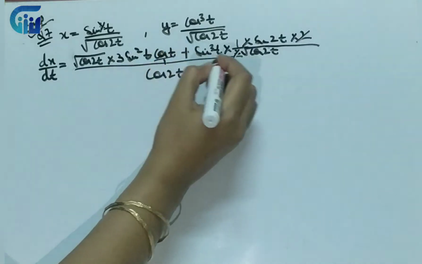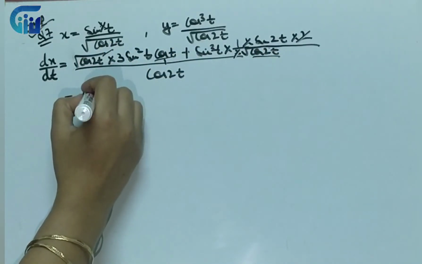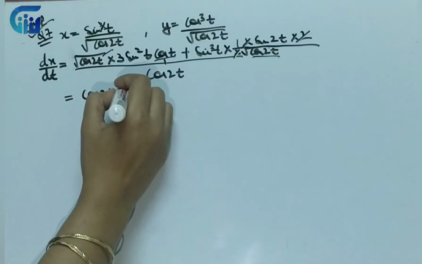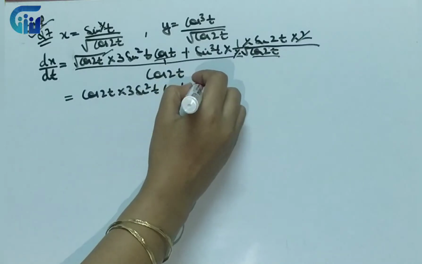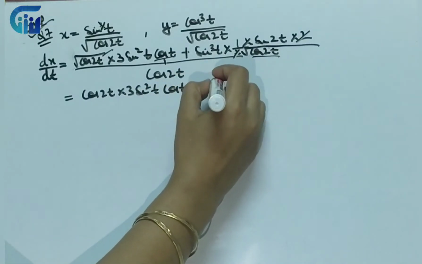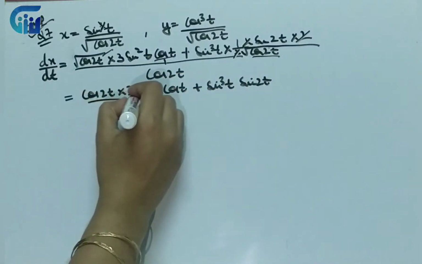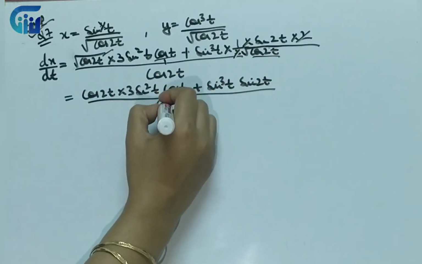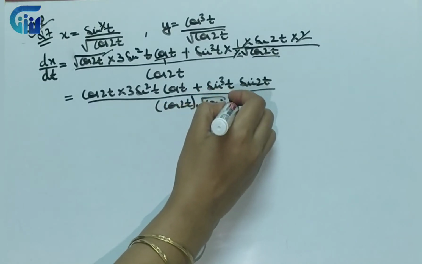Then we take the LCM, so the denominator will be cos 2t. The numerator is 3 sine square t cos t cos 2t plus sine cube t sine 2t, and the denominator is cos 2t and under root of cos 2t.